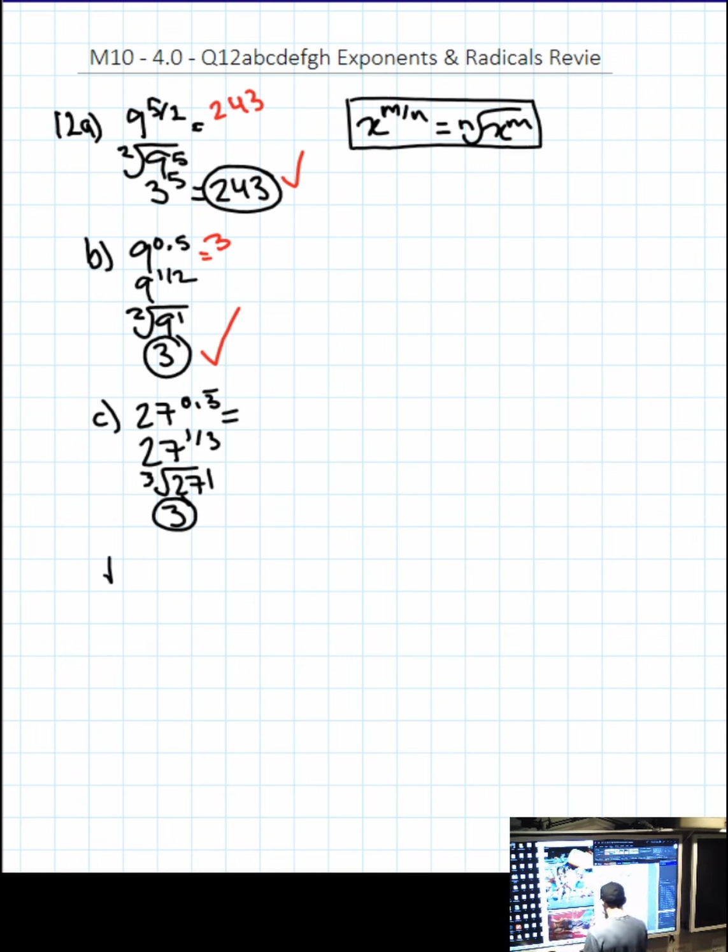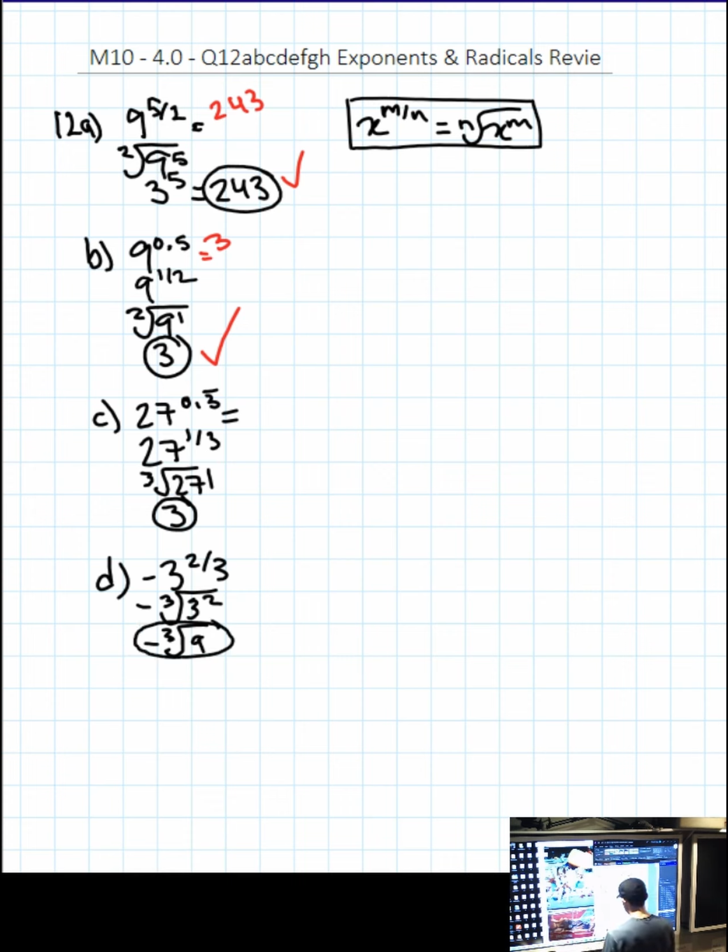Okay, D. So we have -3 to the 2/3. So this negative is not being taken to the exponent, just way out in front. Then I can convert it. That's just the cube root of 3 squared. And 3 squared is 9, so that's just negative cube root of 9. Circle our answer.